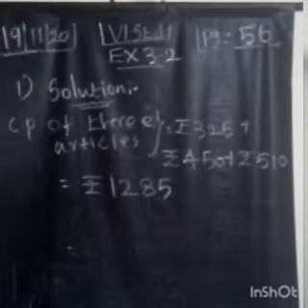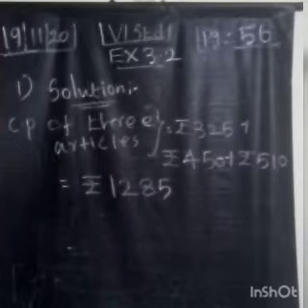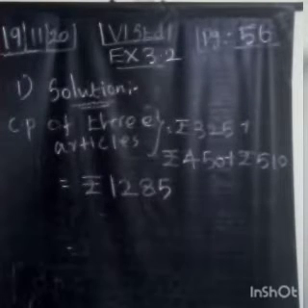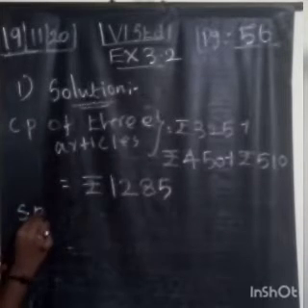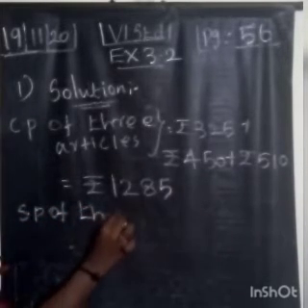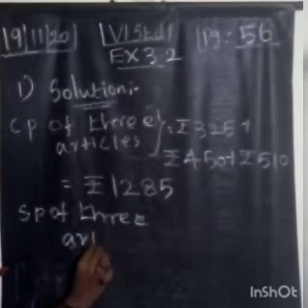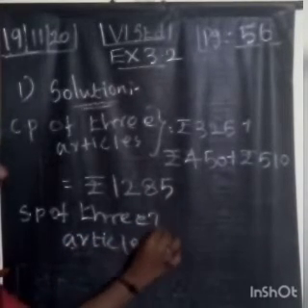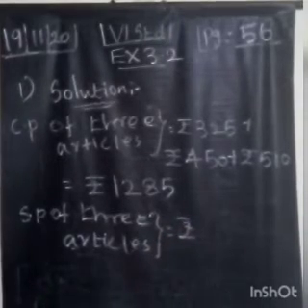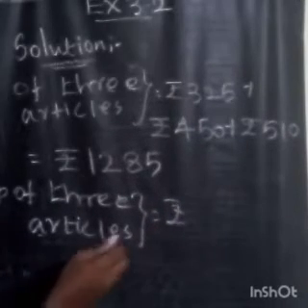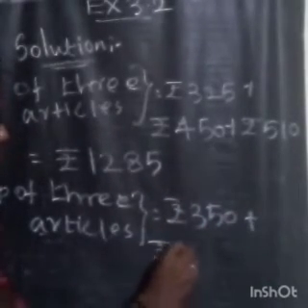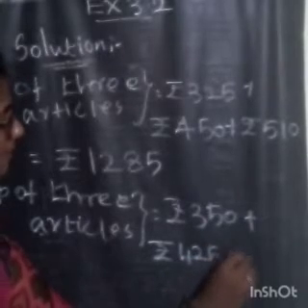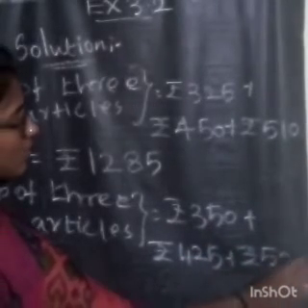And then he is able to sell them for rupees 350, 425 and 525. So here the selling price of 3 articles is rupees 350 plus rupees 425 plus rupees 525.